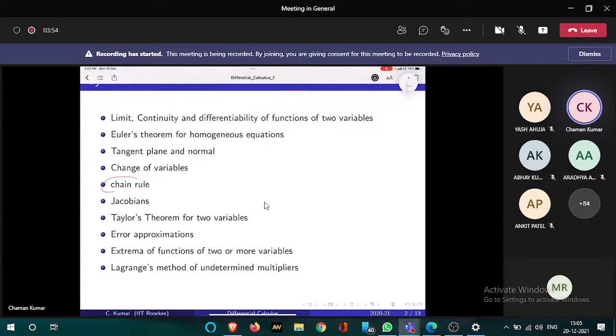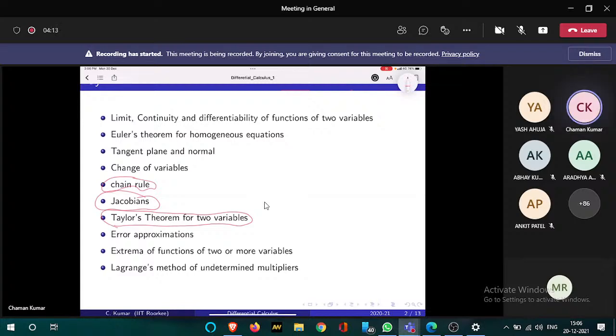Then you will see the chain rule. Chain rule you have seen for a function of one variable also, and it's related to this. We have Jacobian, and then Taylor series expansion for a function of two variables.